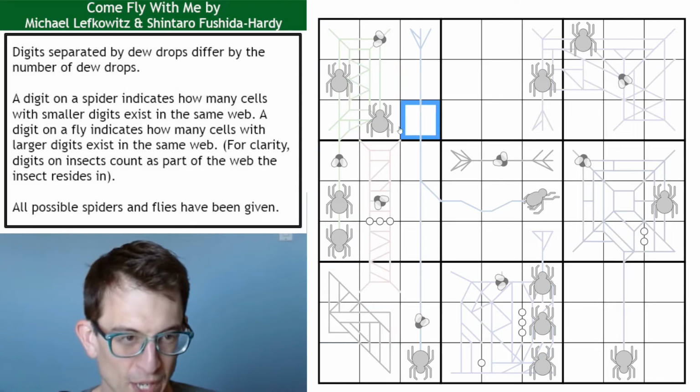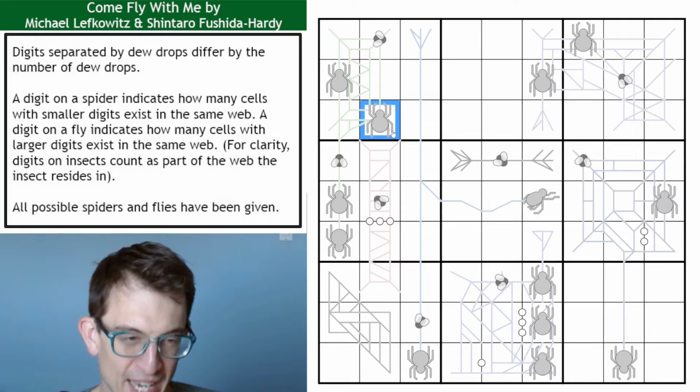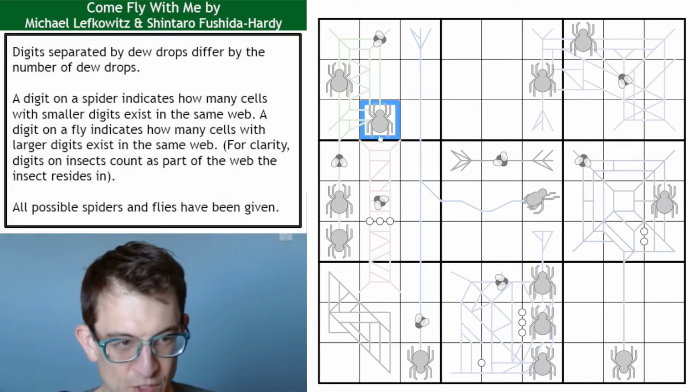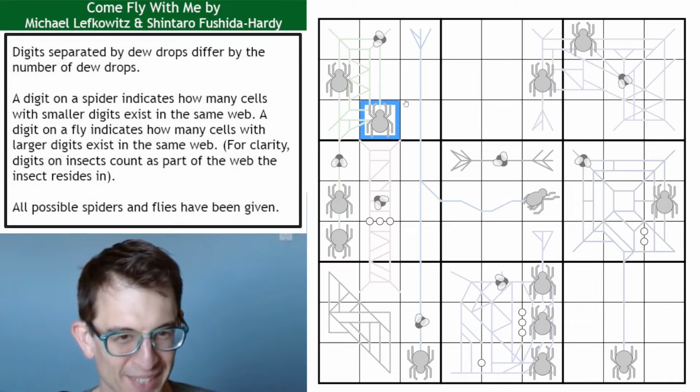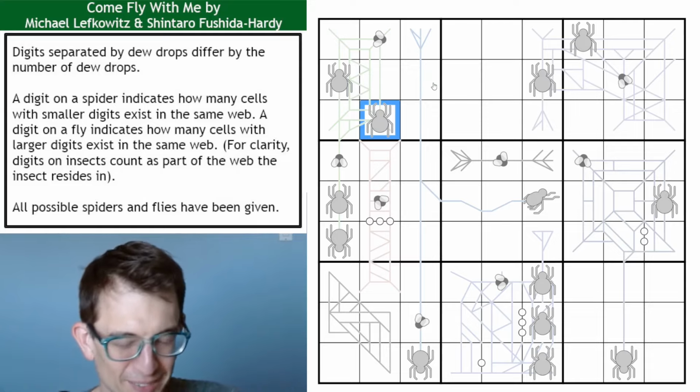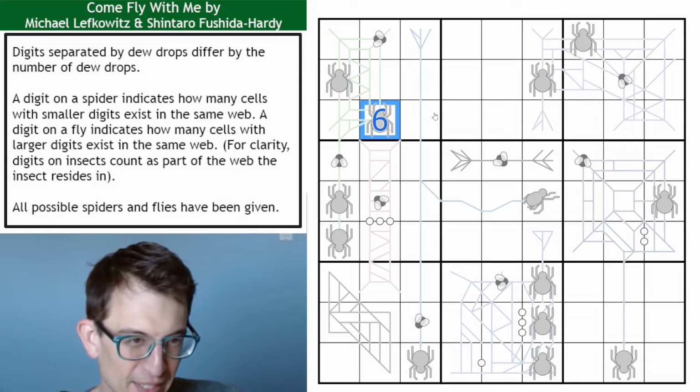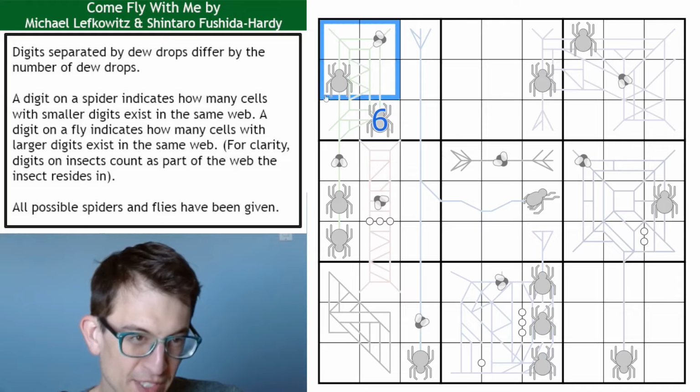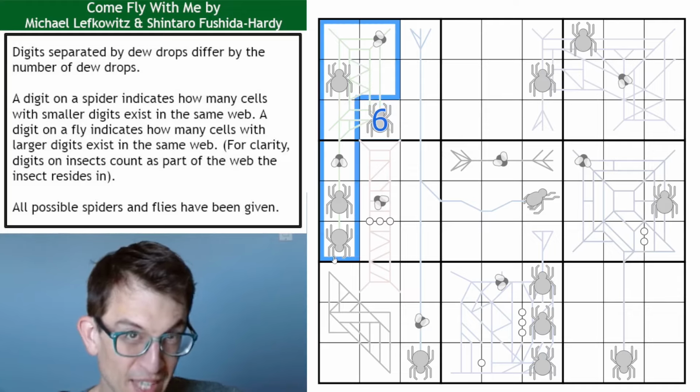So a spider on a web is going to count the number of digits smaller than itself. Suppose this were a 6. What that would mean is that there are 6 digits less than 6 on this web.